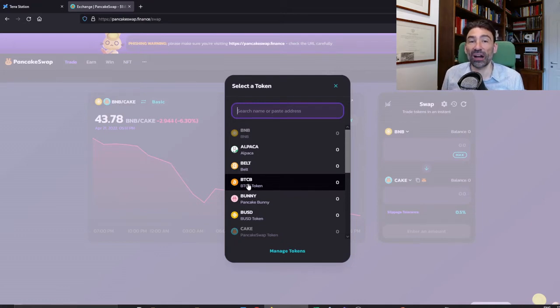Whenever you give one Bitcoin to the first smart contract, you are allowed to take one BTC-B on the second smart contract. So your original Bitcoin is locked in the first smart contract, and you can use the BTC-B on the second. It's yours now. So in order to get it, you must go into one of these bridges and bridge.